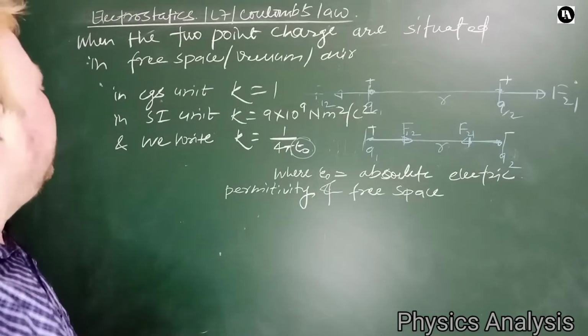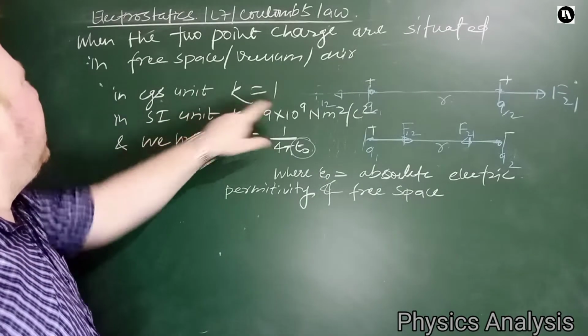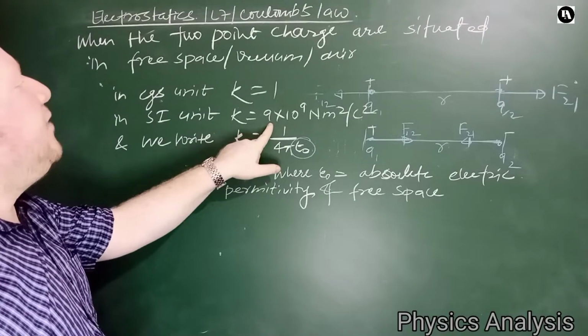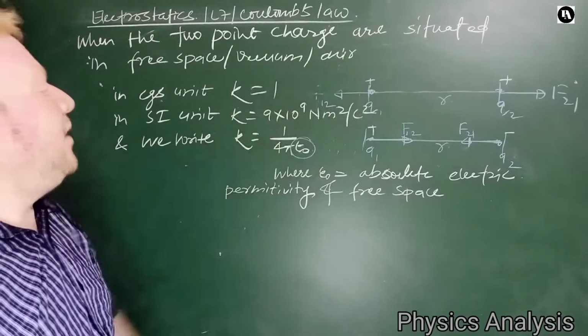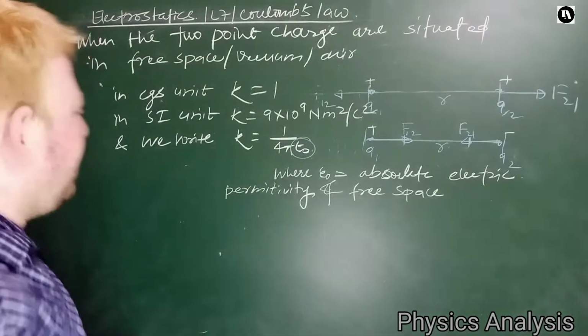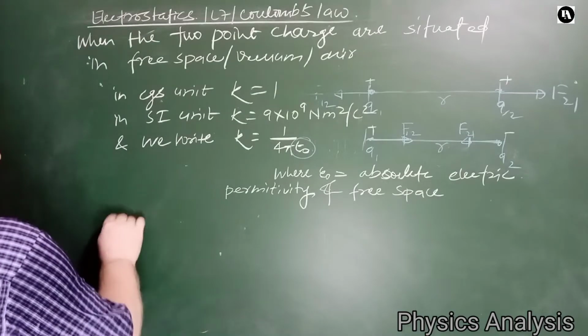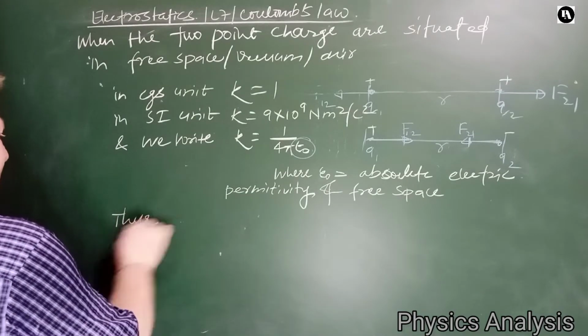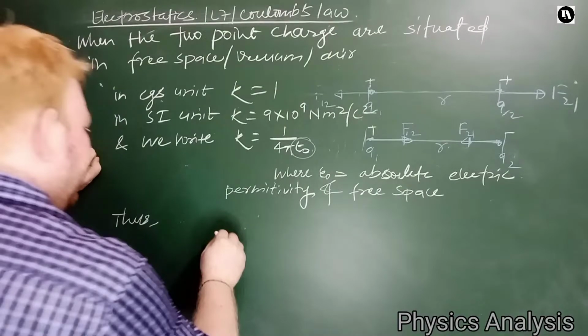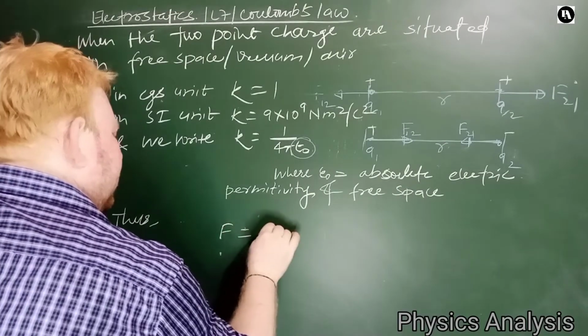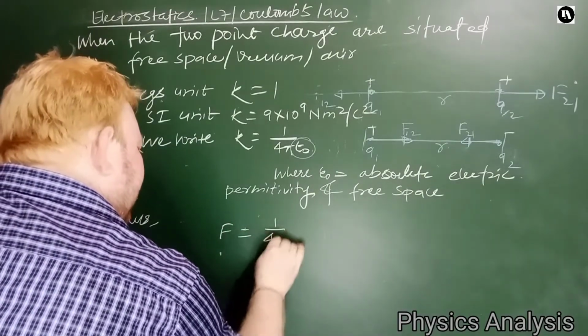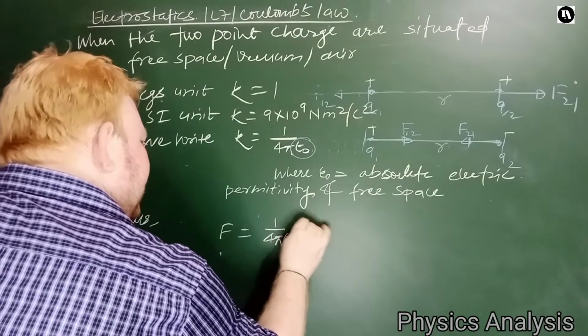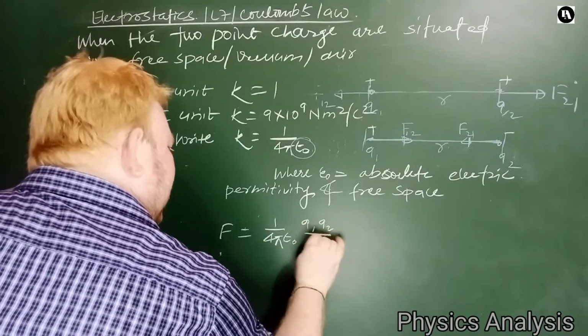So this is very important, everyone. Kindly note it down. In CGS unit k is equal to 1, but in SI k is equal to 9 into 10 raised to 9 Newton meter square per coulomb square. Now here is the equation. So thus what I can write, electrostatic force F is equal to 1 by 4 pi epsilon naught into Q1 into Q2 by R square.